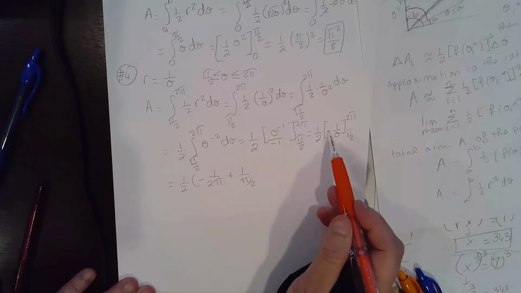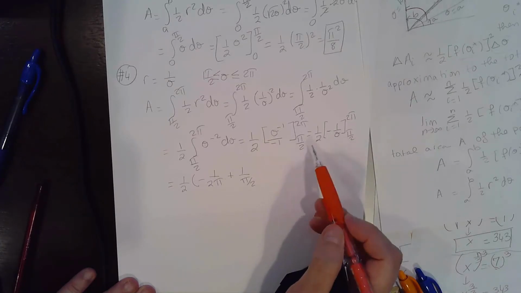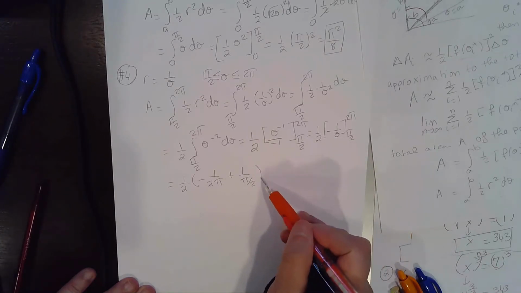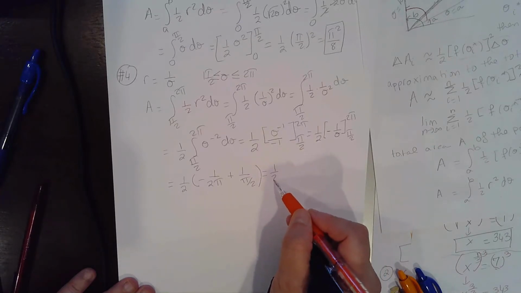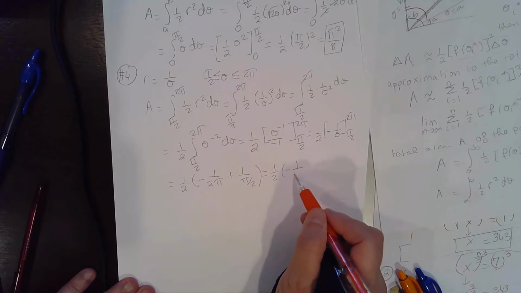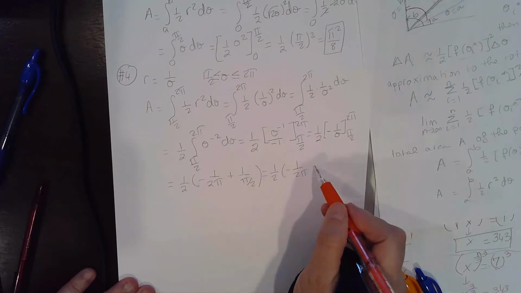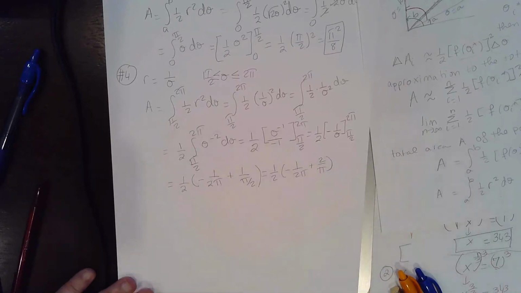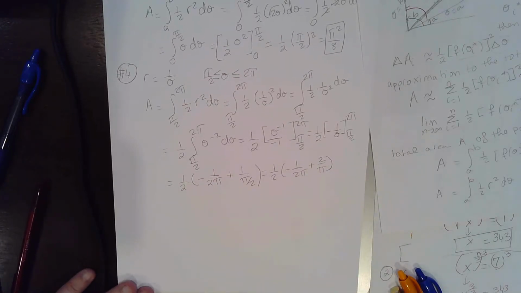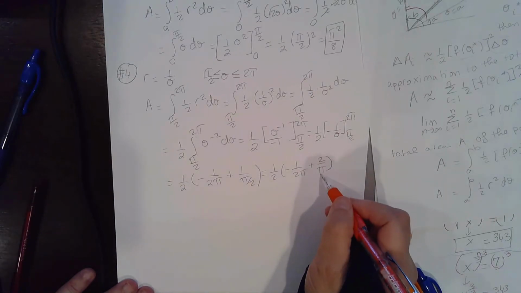So remember, we have a negative here, so negative minus a negative becomes a positive. So simplifying this further, what does that give us? So you flip this, plus 2 over pi. And you can make this 4 over 2 pi.